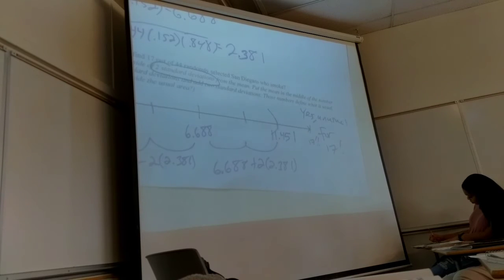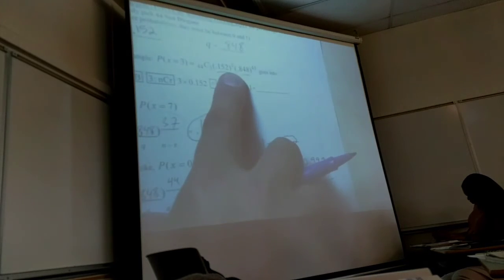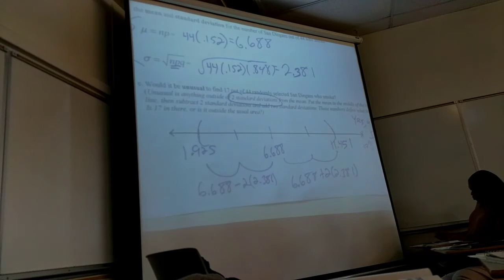So that's section 4.3. They talk about the binomial probability distribution, which is this formula up here, and then the mean and standard deviation for a binomial probability distribution.